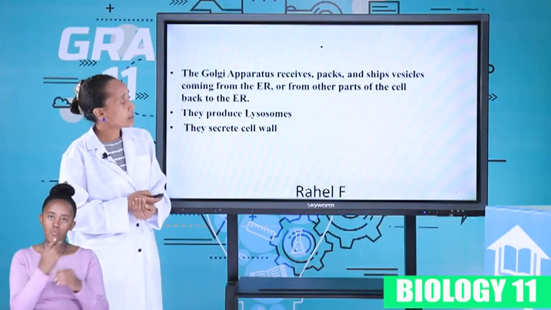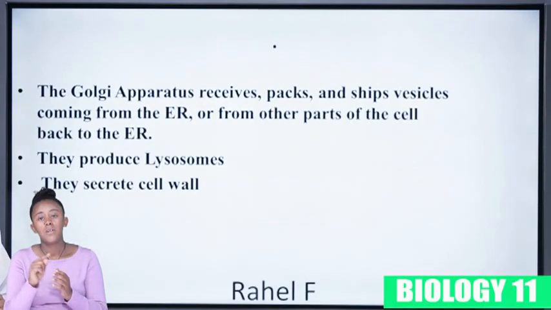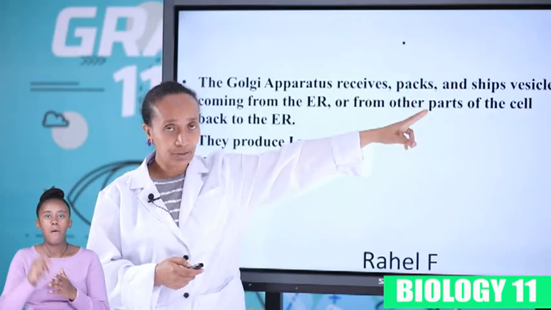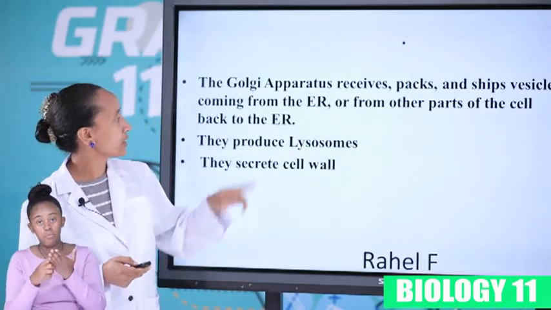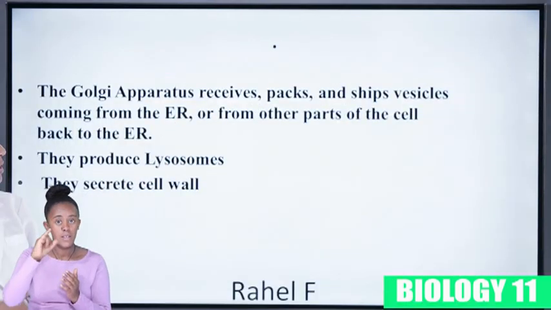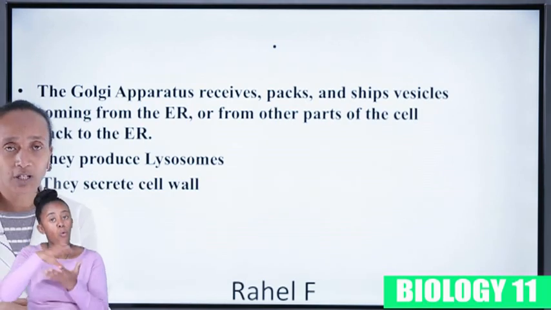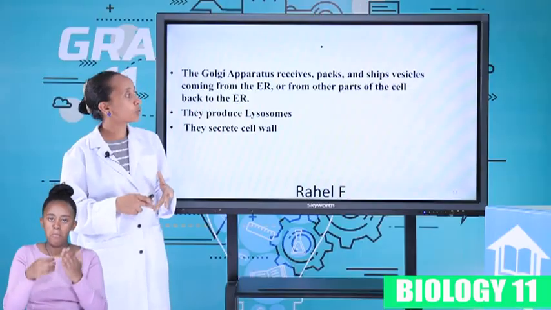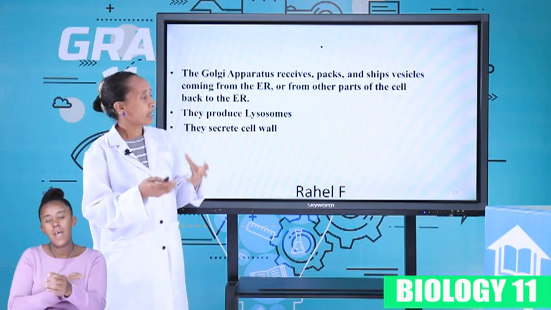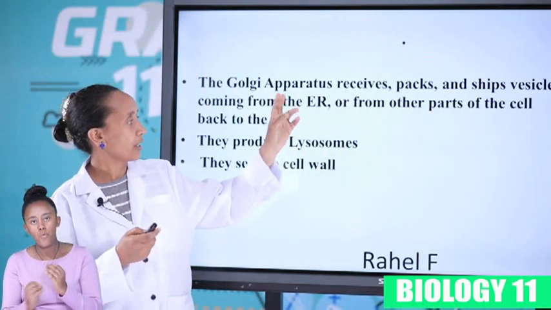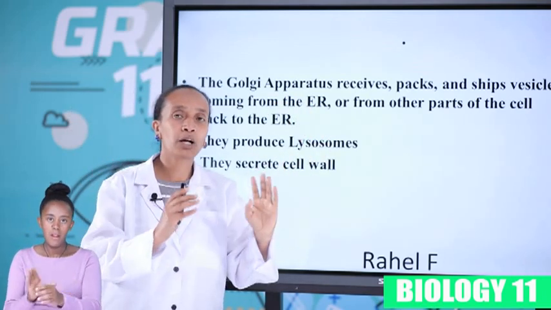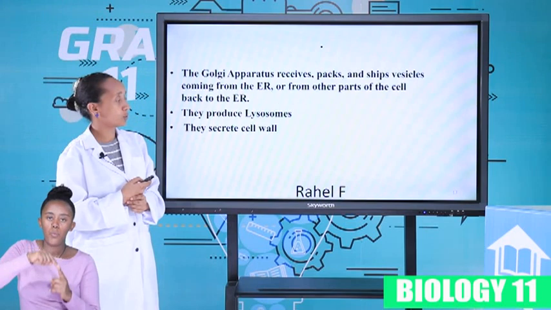When we look at the function of Golgi Complex, it receives, packs and ships or transports vesicles coming from the endoplasmic reticulum. Or in other words, the Golgi Complex is important to pack, to transport, to modify different cell products that are produced by endoplasmic reticulum or other parts of the cell and return back to endoplasmic reticulum.